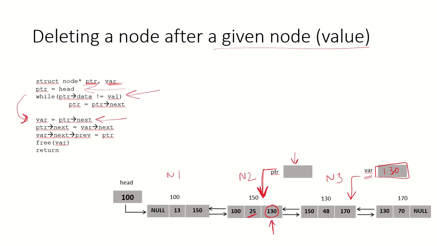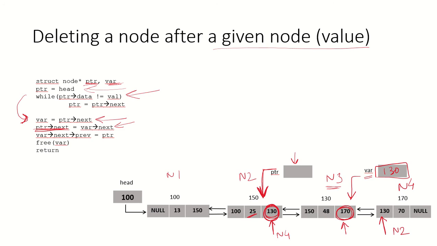This value should now point to the address of node 4, and the previous value of node 4 should point to node 2. Also, the space that is being used by node 3 has to be freed up. So PTR arrow next, that means this value over here, will be equal to var arrow next. That means the address of N4, which is currently available in var arrow next.